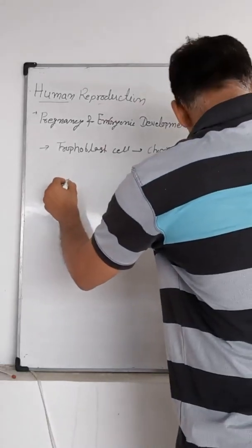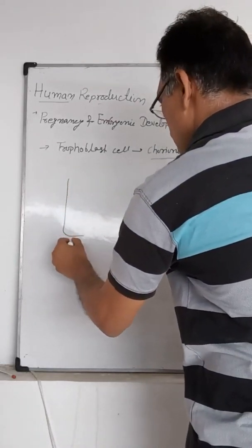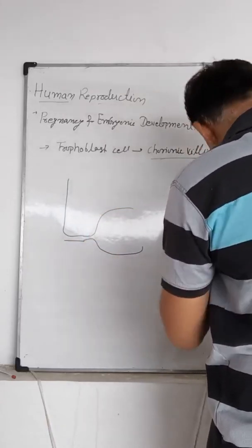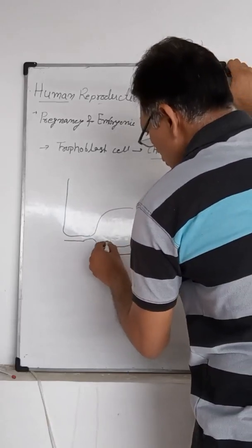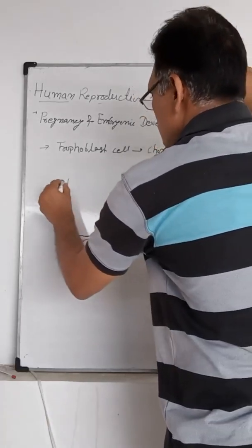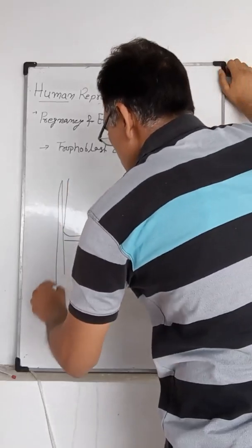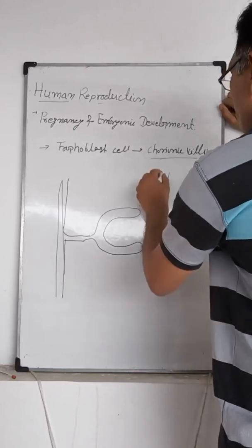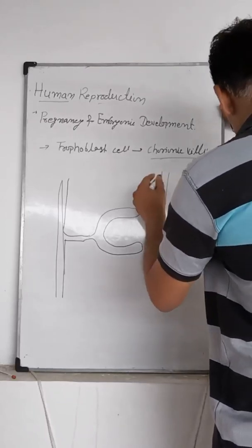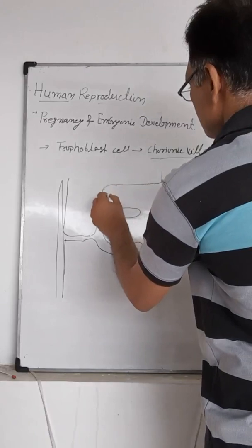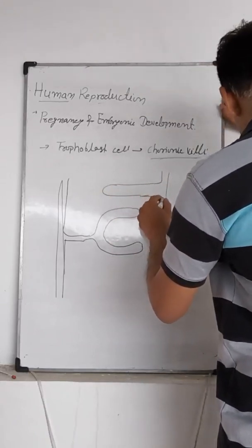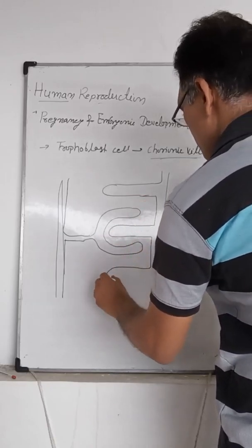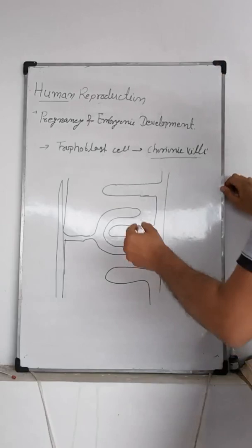Suppose this is the chorionic villi, which is formed from trophoblast cells, and this one is the endometrium.